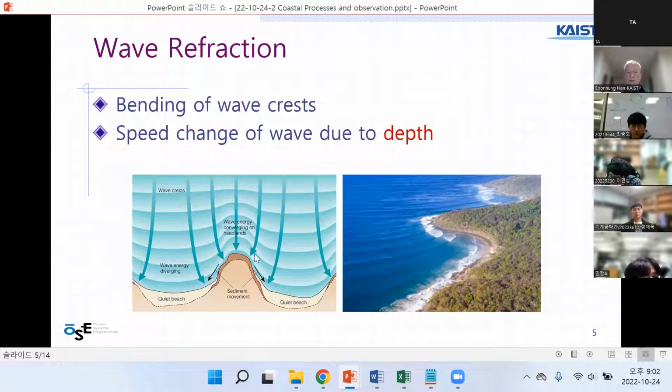The waves change their direction toward this protruding one, so that this one can be smoothed out over a long time. But if there is a rock in the protruded one, then the rocks remain. So that can give you a special view.